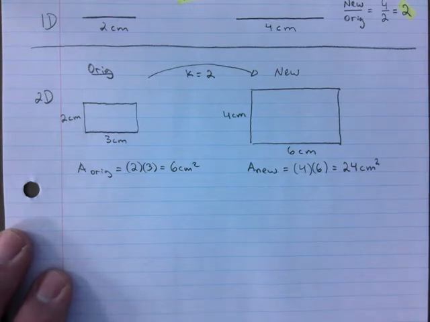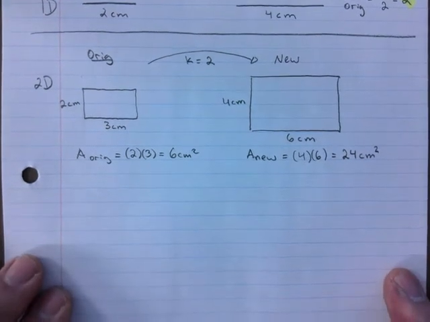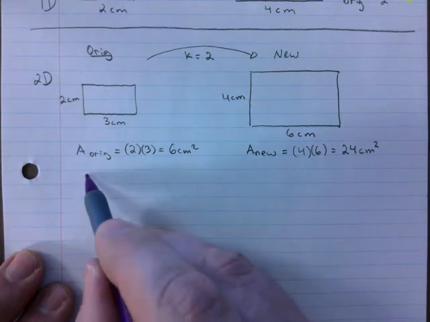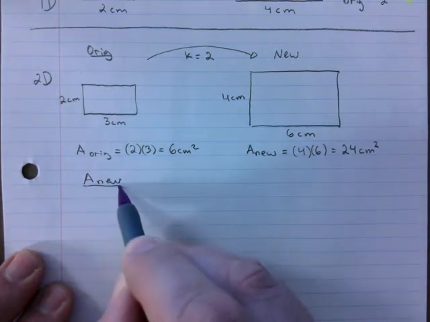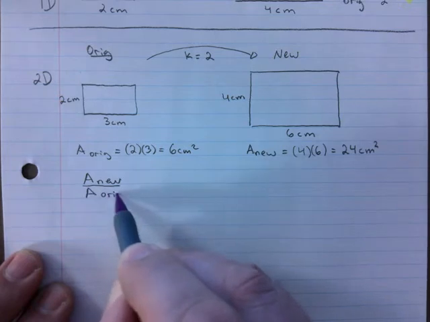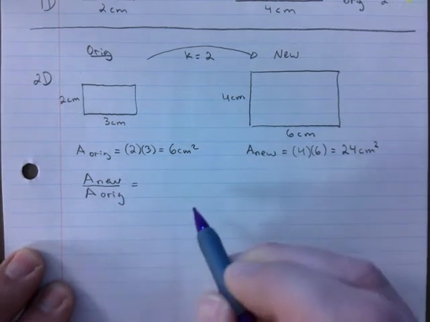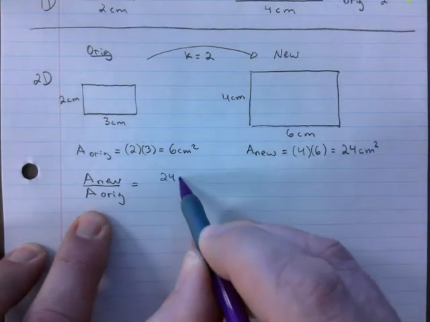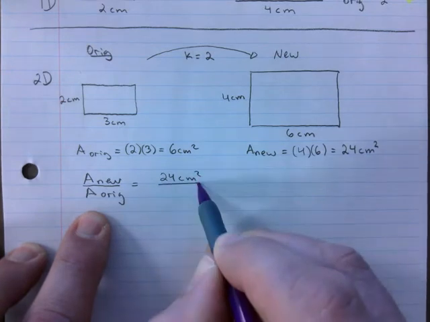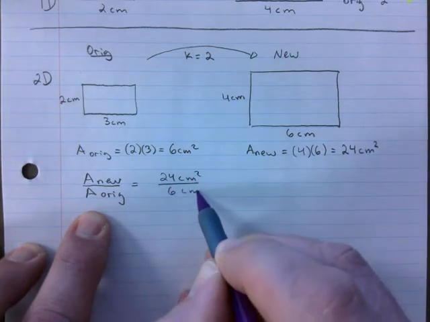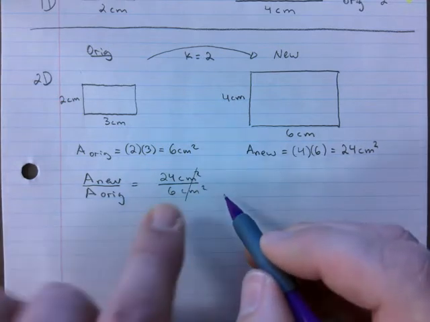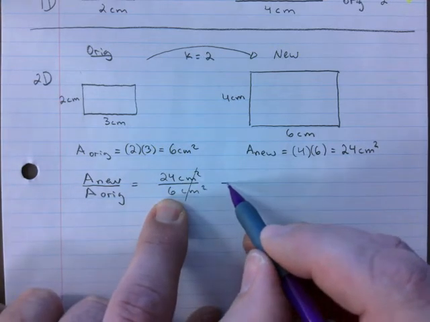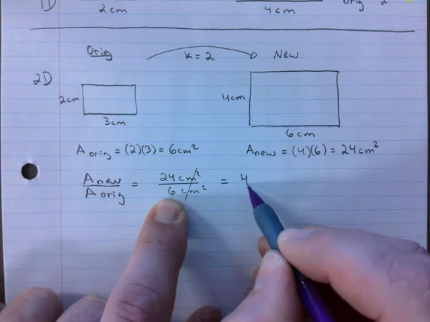Let's see here. I want you to do this now. Let's take the area of the new and divide it by the area of the original and see what happens there. The new is 24 centimeters squared, and the original is 6 centimeters squared. Cancel out the units. 24 divided by 6 is 4.